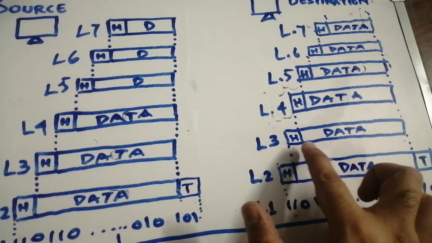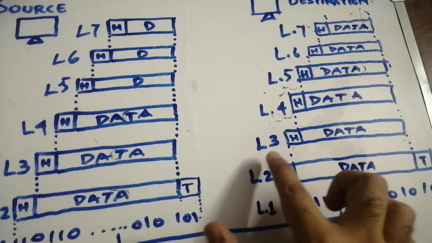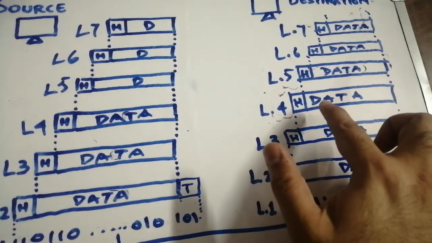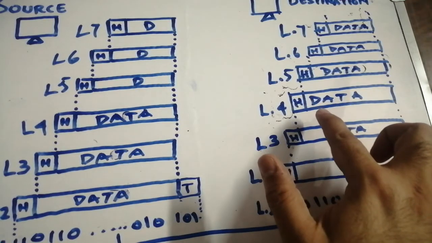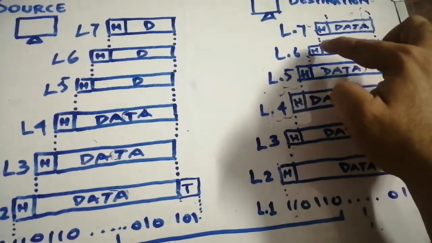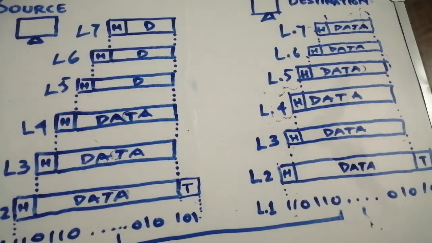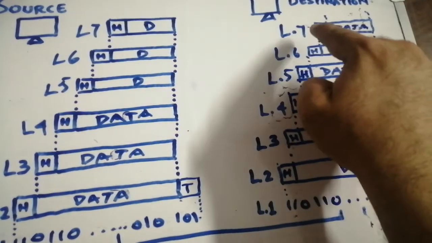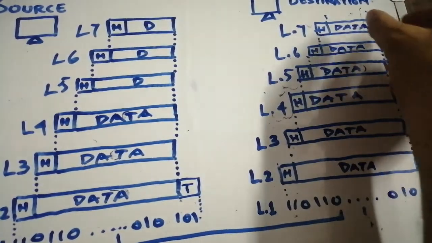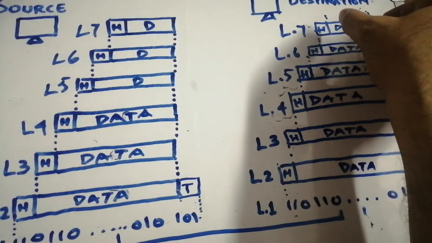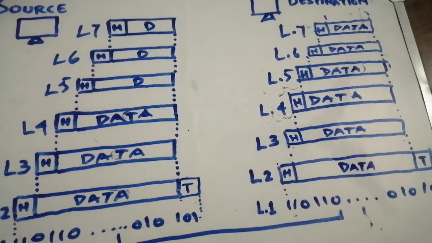Layer number 3 will remove its header and will hand it over to layer number 4. So on and so forth. Eventually, after layer number 7, we will be left with the original data.